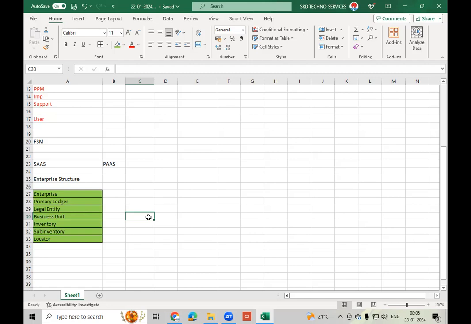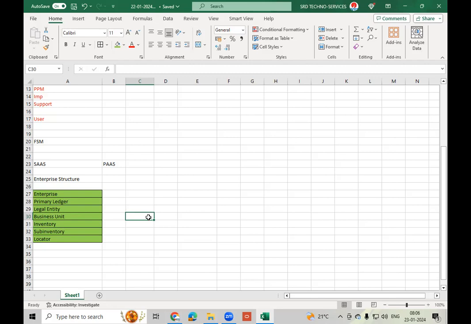So all this comes into deciding how many business units are required. It's not decided by the software tool. Generally, in the process of business, they will expand the business into different areas. Accordingly, we should understand and configure it in the system.